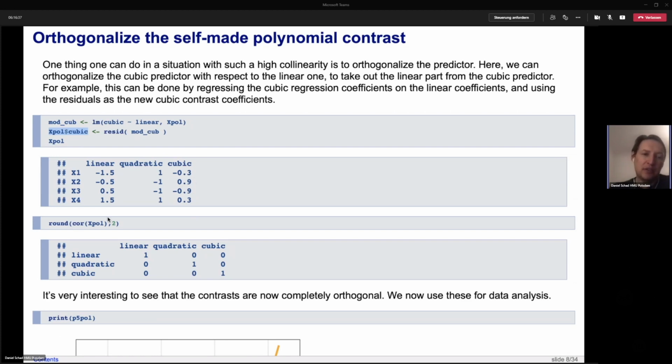So it's unrelated. If we now compute the correlation matrix of this contrast, we see that the off diagonals are all 0. So these contrasts are not correlated anymore. The correlation of 0.9 that we saw before between the linear and the cubic effect is gone, because we have taken out the whole linear trend from the cubic contrast.